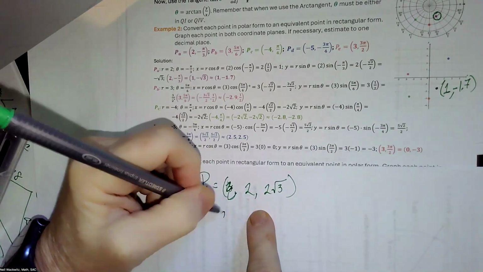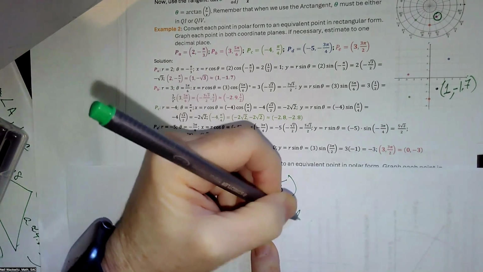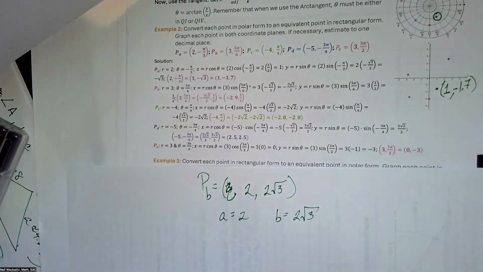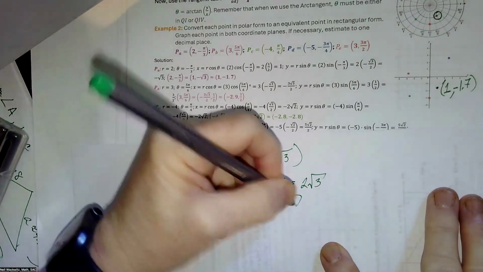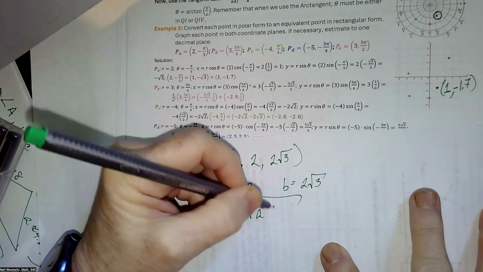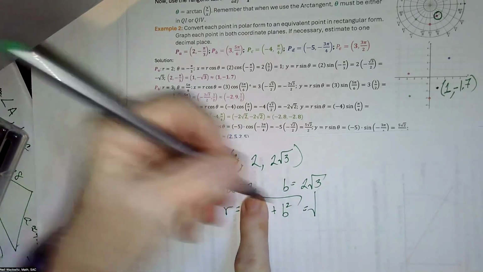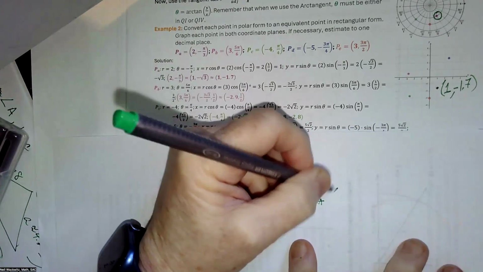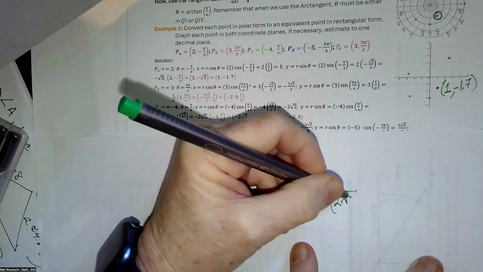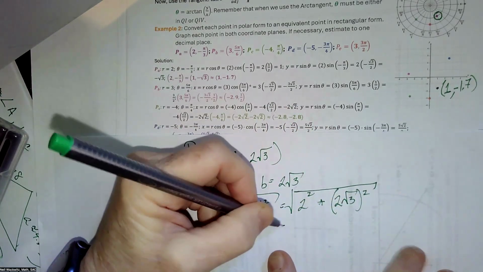And so I know that little a is 2, little b is 2 square root of 3. R is equal to the square root of a squared plus b squared. That'll be 2 squared plus 2 square root of 3 squared.